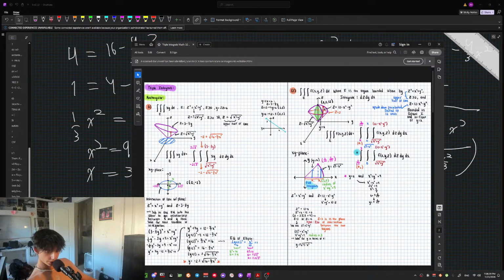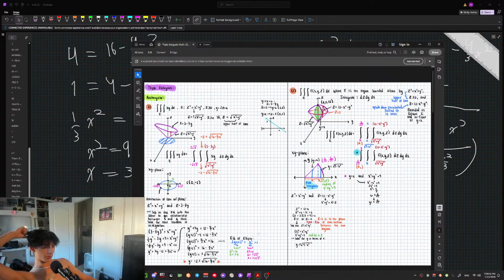Oh, down here, equation of an ellipse. Well, I'm just looking at this, and I guess this is how ellipses work.